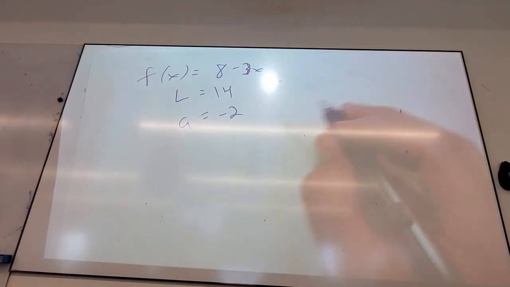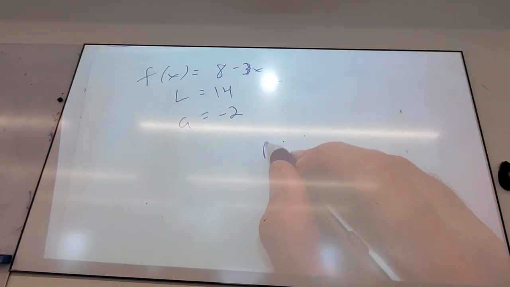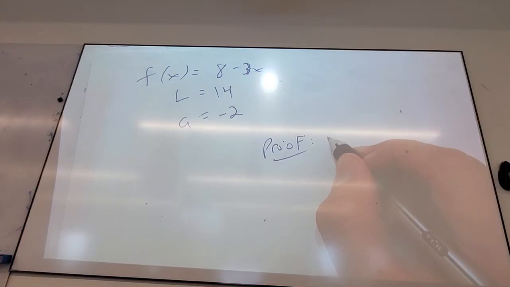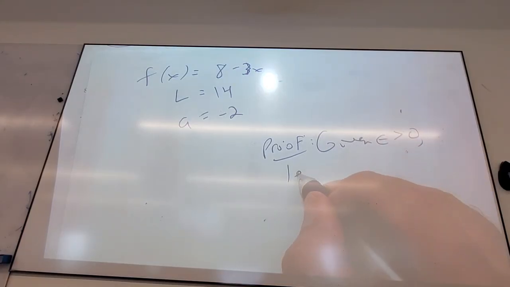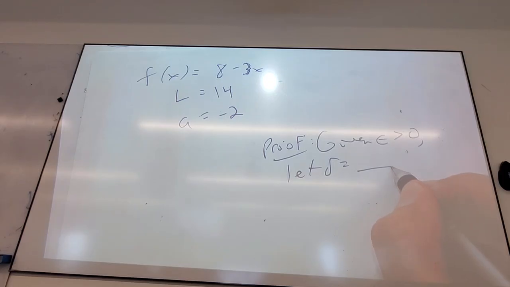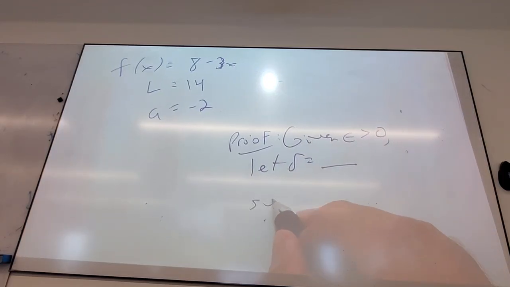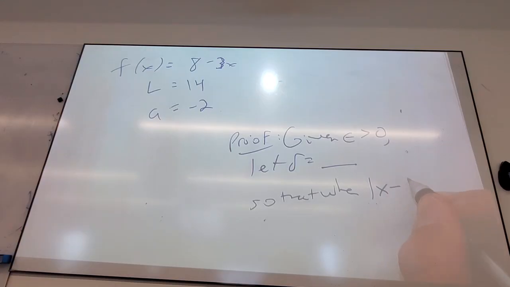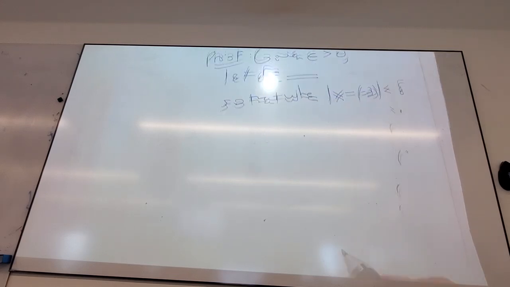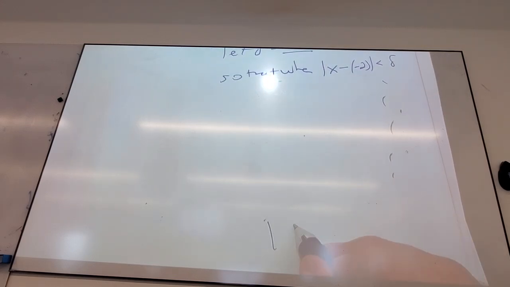So the proof says, given epsilon greater than 0, let delta equal, we don't know yet, so that when the absolute value of x minus negative 2 is less than delta, that leads to the absolute value of f of x minus the limit being less than epsilon.